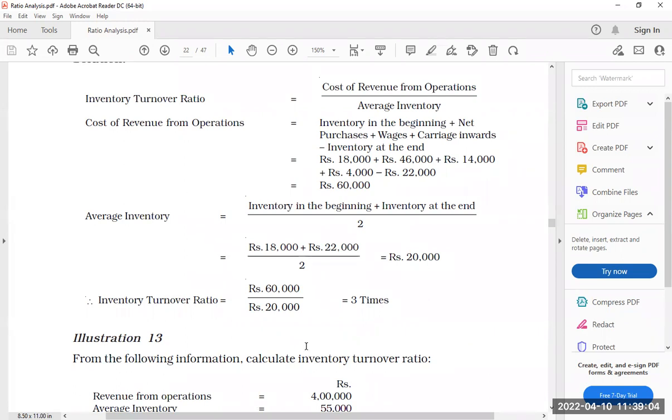If it is low, suppose my competitor company is having 4 times. 15,000 is the stock, but they are able to manage 60,000 of sales. Another company keeps only 10,000 stock, but is able to manage 60,000 worth of sales in a year. So they are best, 6 times. This is only a basic understanding of comparing.